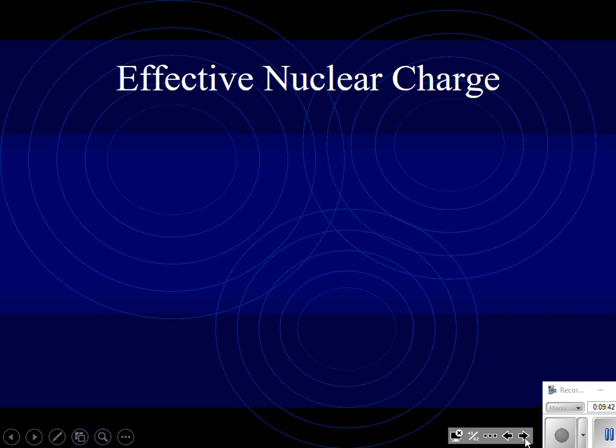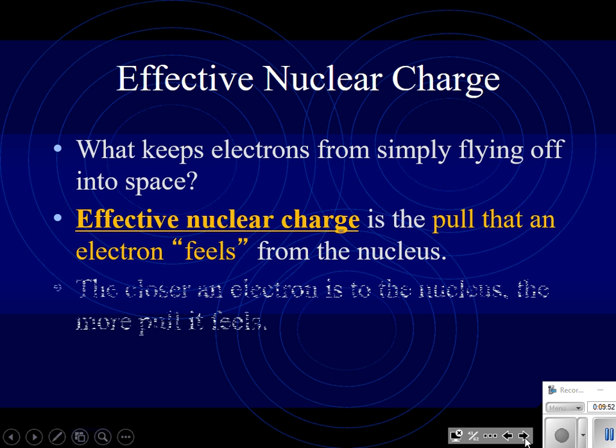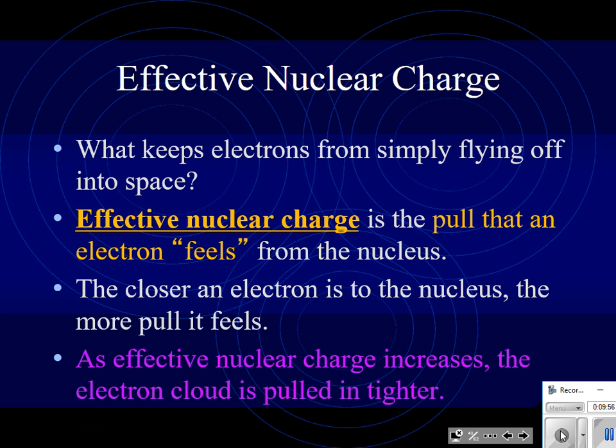That leads us to something that we call the effective nuclear charge. Now, I told you that these protons were pulling in these electrons because the opposites are attracting. The effective nuclear charge is simply a name we give to that pull.